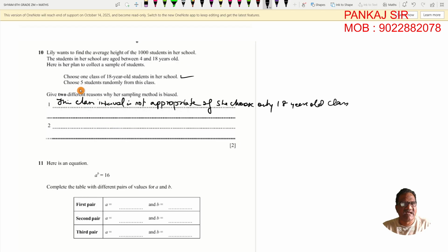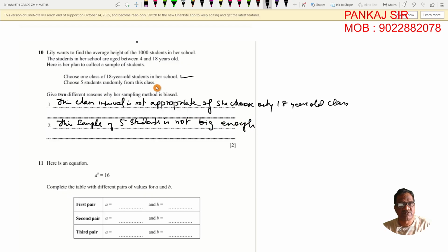And second, if she chooses 5 students randomly from this class, so out of 1,000 students, if she is choosing only 5, then this sample of 5 students is not big enough.